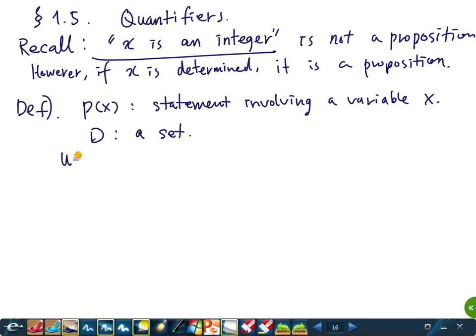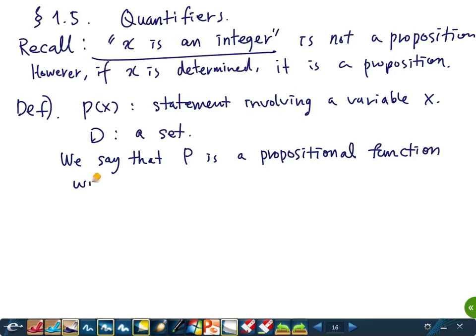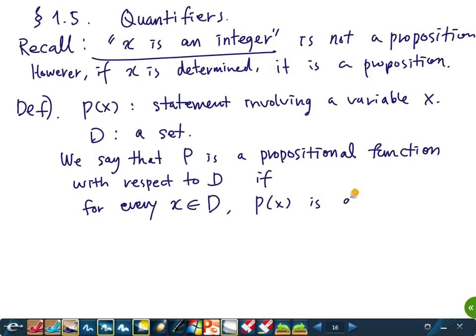We say that P is a propositional function with respect to D if the following condition is true. For every element x in D, P of x is a proposition.